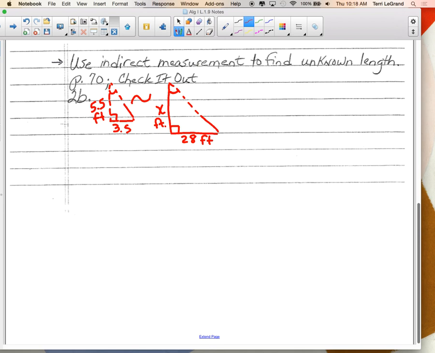Now we should be able to set up a proportion with ratios of corresponding sides. Give me an example of one we could do. Devin? 5.5 feet over X equals 3.5 feet over 28 feet.